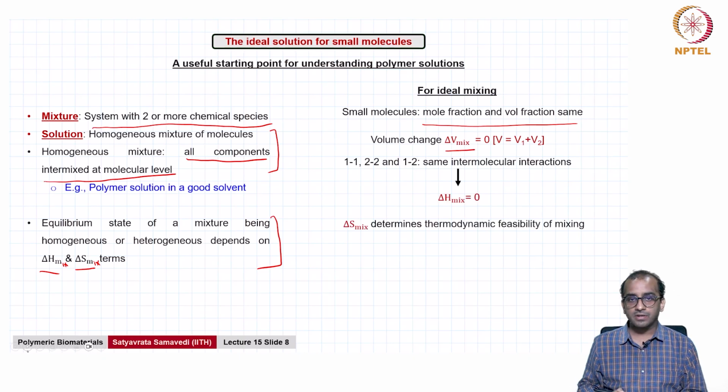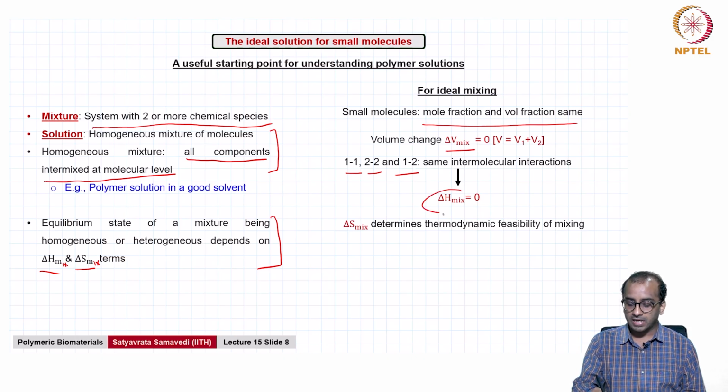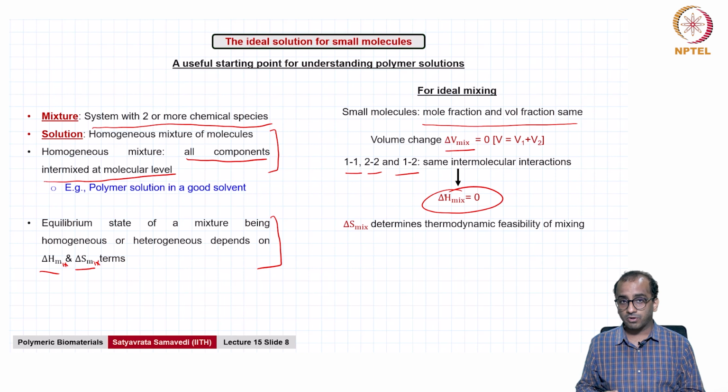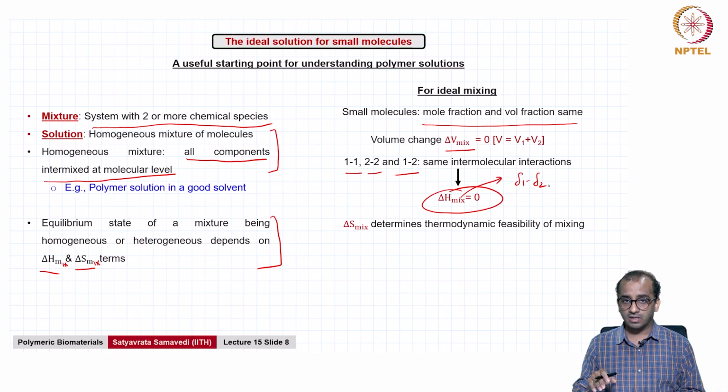And likewise, we assume that 1,1 and 2,2 interactions are the same as 1,2 interactions. So, at the molecular level, in terms of the enthalpic contributions, the delta H of mixing is also 0, because remember that this is directly related to delta 1 minus delta 2, where 1 and 2 are the two components and delta is simply the solubility parameter.